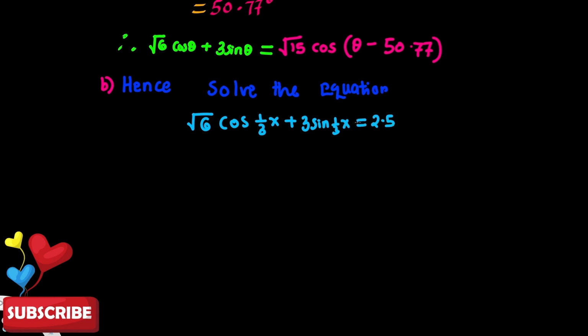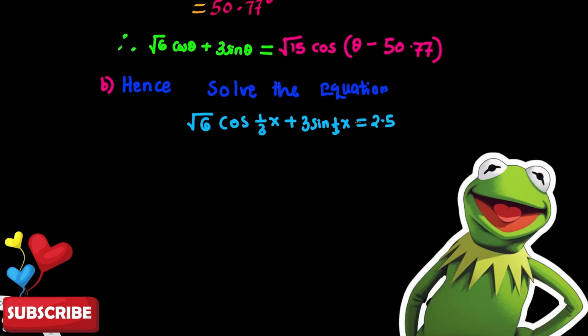This is the equation that you are supposed to solve. Now, if you look at the previous question, theta has been replaced by 1 over 3x. So that's quite profound, because we are going to take note of that. And you are supposed to solve this within the range given here, x less than 360 but greater than 0.